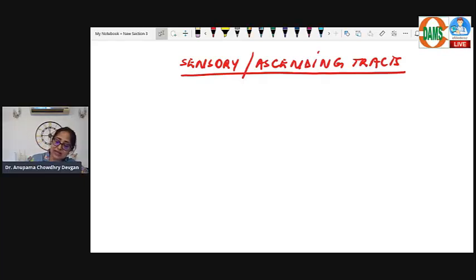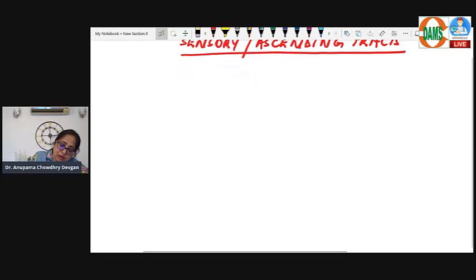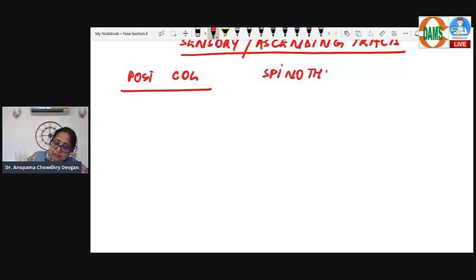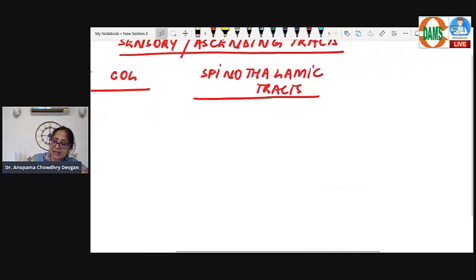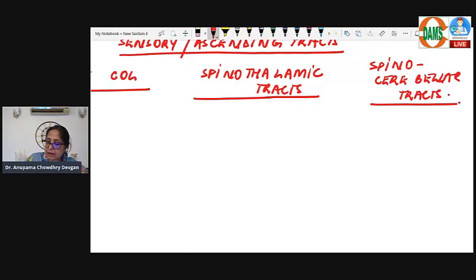Now, as far as sensory or ascending tracts is concerned, this is divided into 3 major systems: the posterior column, spinothalamic tracts, and the spinocerebellar tracts. So these are your 3 major divisions.